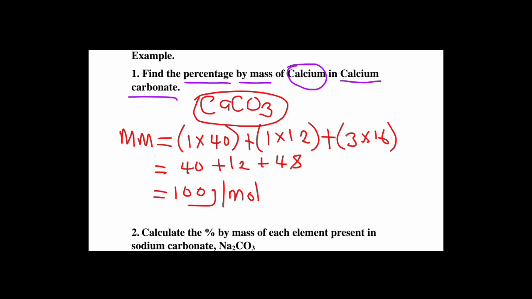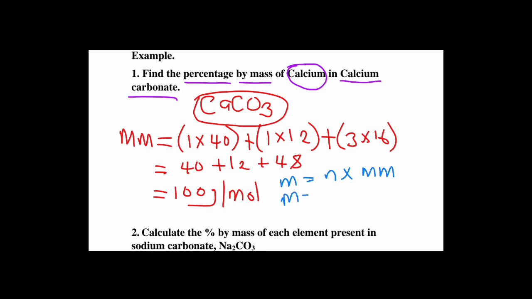If that is not enough for you, and you want to believe that what we are talking about is true, you can prove it by using the formula. We said when we are looking for mass, mass equals number of moles times molar mass.